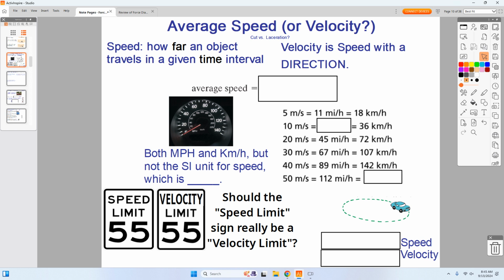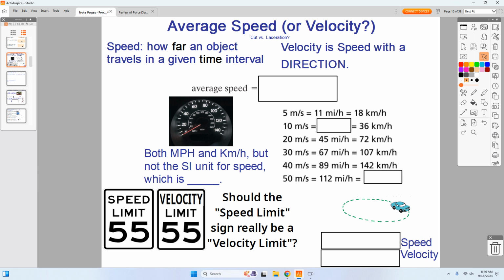That'd be my speed. On my rear view mirror, there's a little S that says I'm not just going 62 miles per hour, I'm going southward. With that south, I could say what my velocity is, because velocity includes direction. So speed and velocity, almost the same thing. Velocity just has a direction with it.